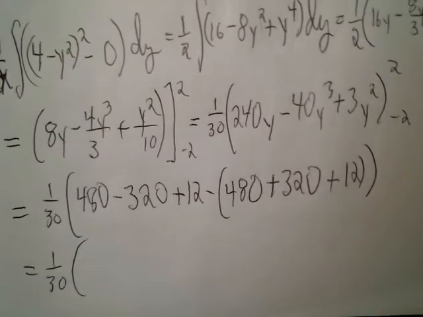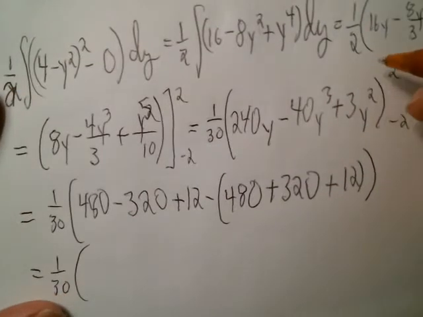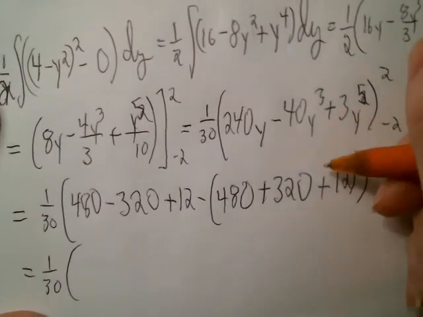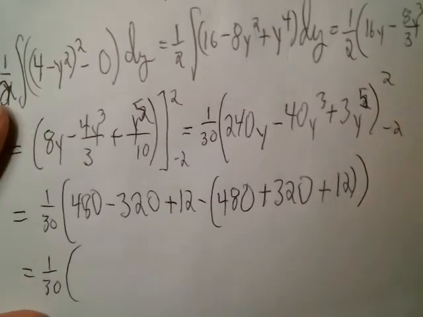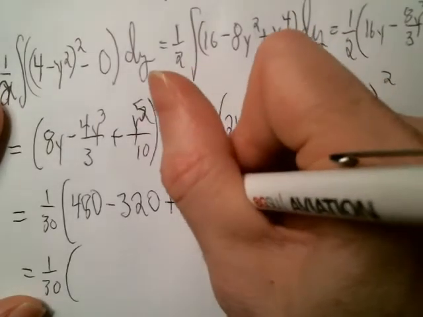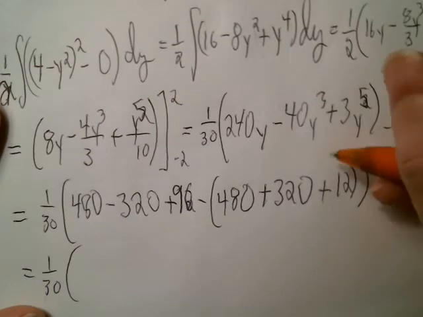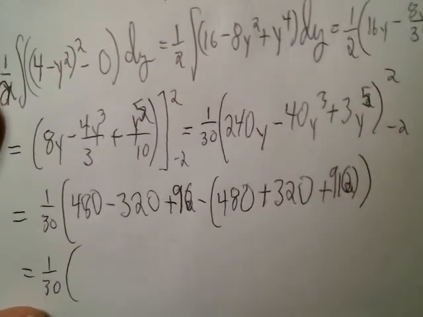Oh, this guy back here, it's y to the 5th. So that screws things up a bit. This will be 3y to the 5th. And then 2 times 2 is 4, times 2 is 8, times 2 is 16, times 2 is 32, times 3 is 96. So this will be 96, and then this will be 96. That's not what's bothering me, right?